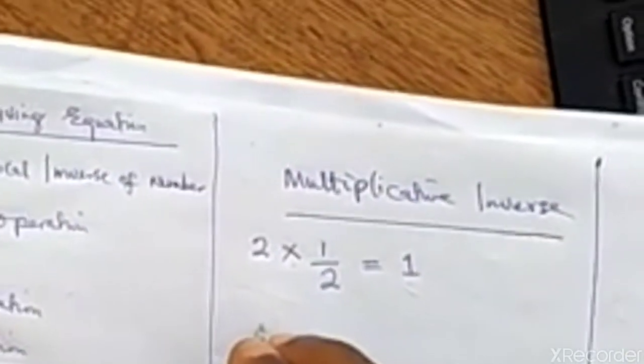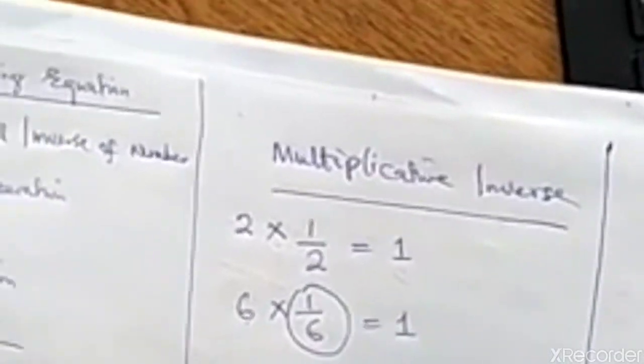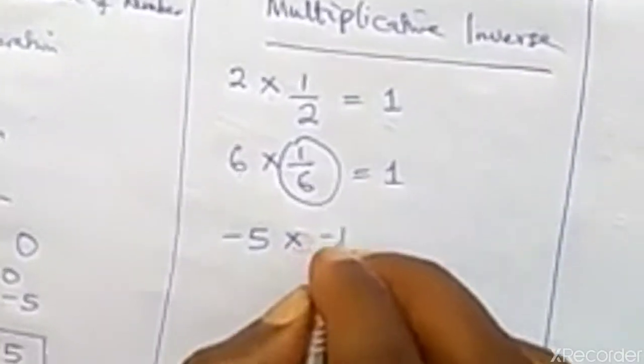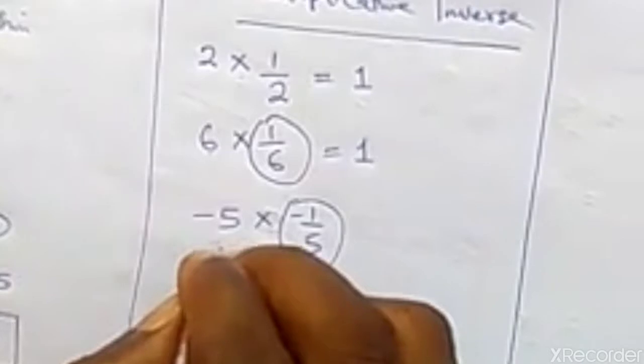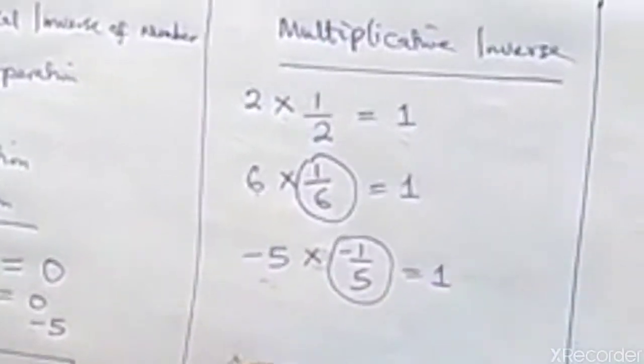The multiplicative inverse of 6 is 1 over 6, because 6 times 1 over 6 gives 1. The multiplicative inverse of minus 5 is minus 1 over 5, because minus 5 times minus 1 over 5 will give us 1.